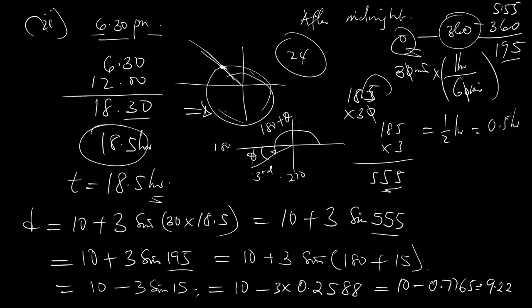So this is equal to 9.22. This is not an approximation, because this is from the table. So you have 9.22 meters, roughly 9.2 meters. That means we have D equal to 9.2 meters at 6:30 p.m.